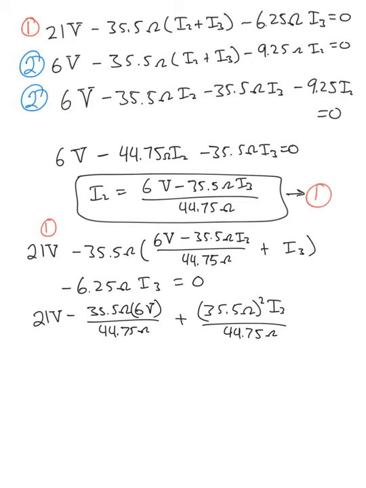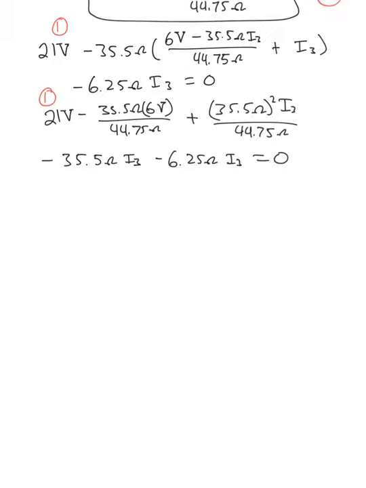Then I have my minus 35.5 ohms multiplied by I3 minus 6.25 ohms multiplied by I3, and this equals 0 still. So this is still equation 1. I'm just rewriting it, simplifying each time.